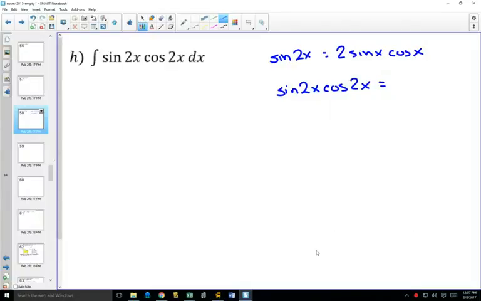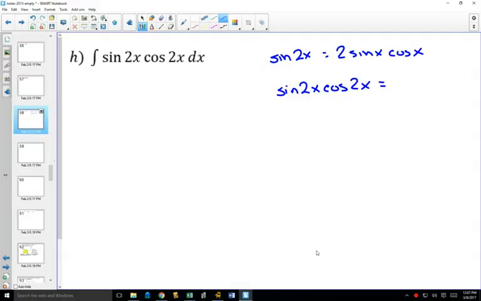All right, so if sine 2x equals 2 sine x cos x, what's another way you could write sine 2x cos 2x? With that identity, how could I use it to rewrite sine 2x cos 2x? And I'm not saying replace the sine 2x with that.